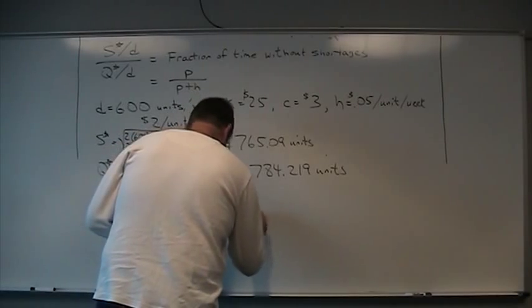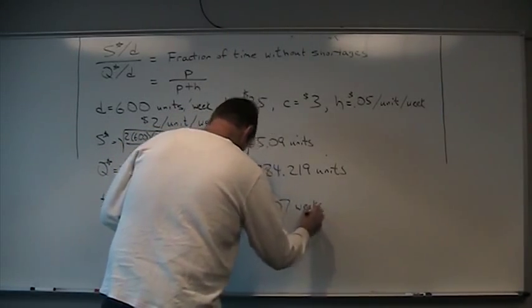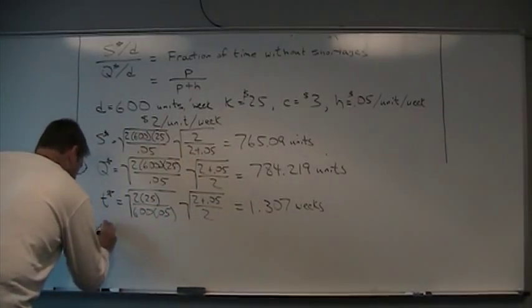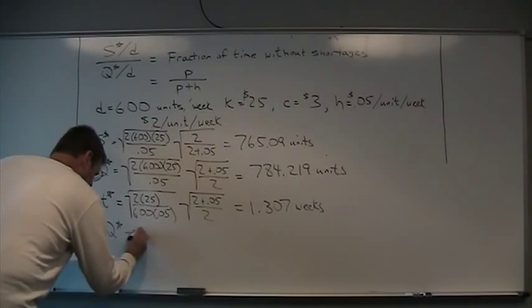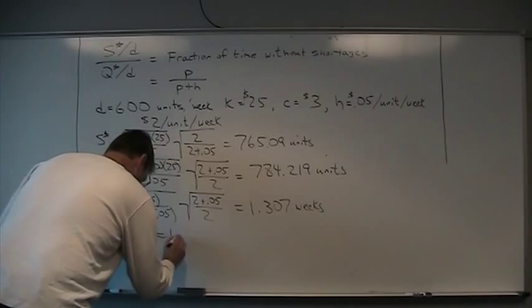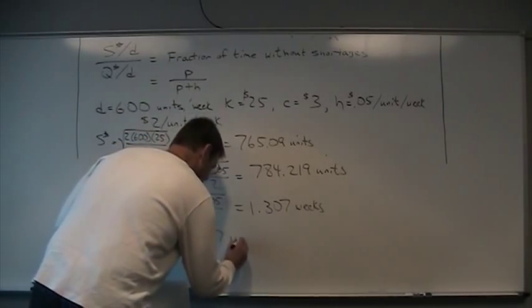And that works out to 1.307 weeks. And hence Q star minus S star is equal to 19.127 units.